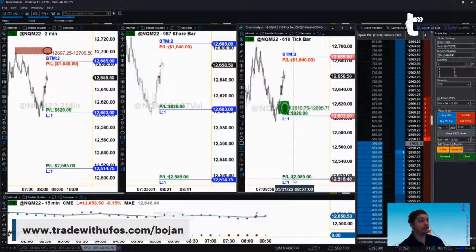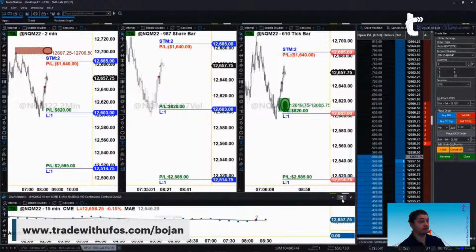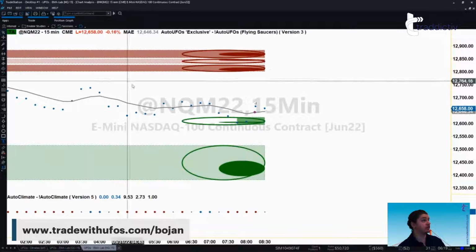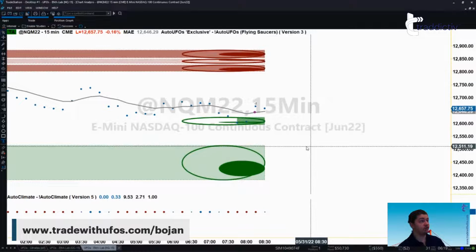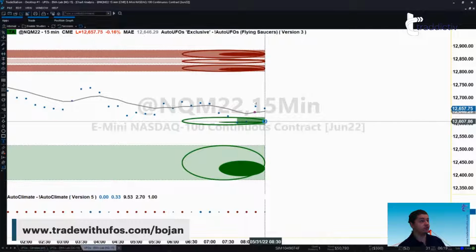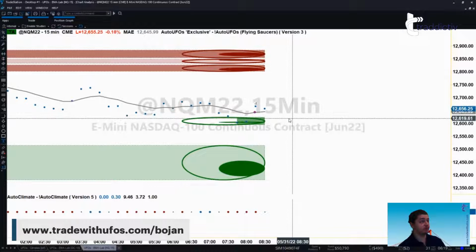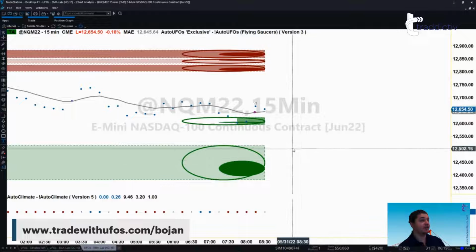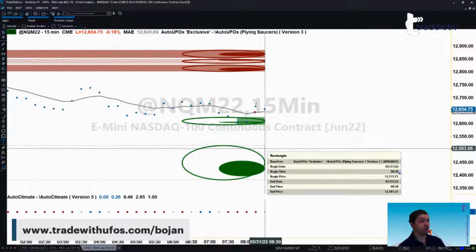And then, of course, our final target, the one that's going to make us the money, right? And we've seen final targets fill a couple of times on our channel here live while we were trading. This UFO was just created right here, just additional information that we should not be taking that trade. But initially, when we opened the trade, this was the UFO we were looking at, 12/5/13/75.